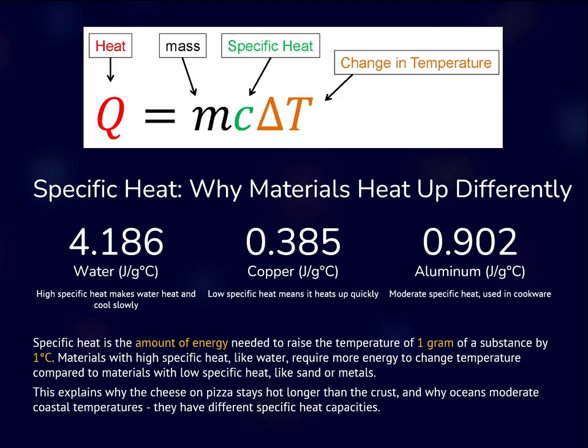Specific heat is the amount of energy required to raise the temperature of 1 gram of a substance by 1 degree Celsius. Let's compare some. There's water, which has a specific heat of 4.186 joules per gram per degree Celsius.